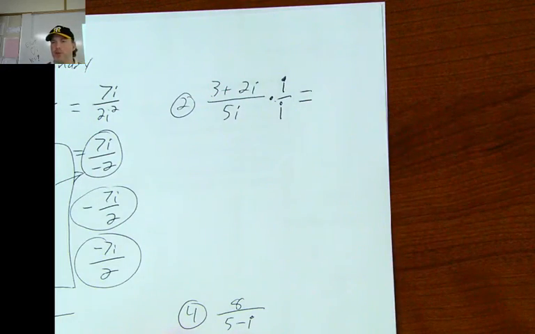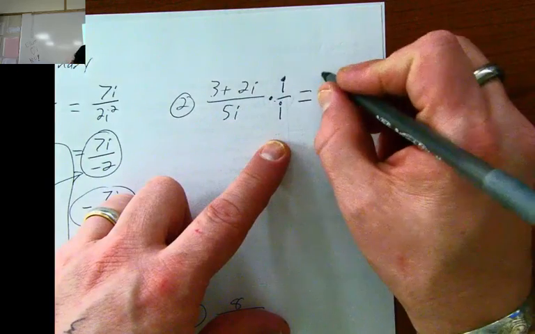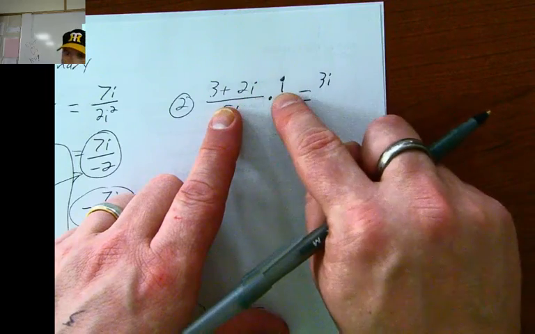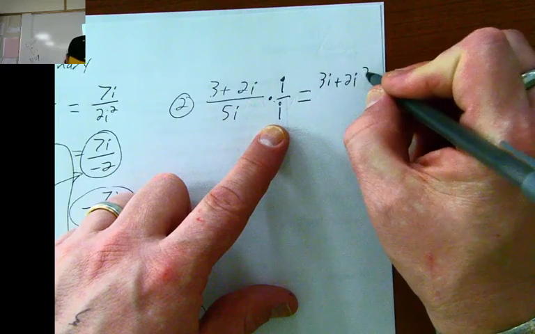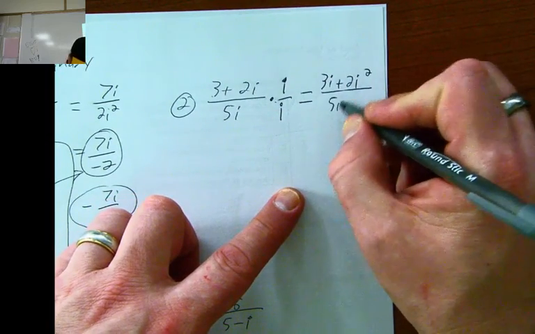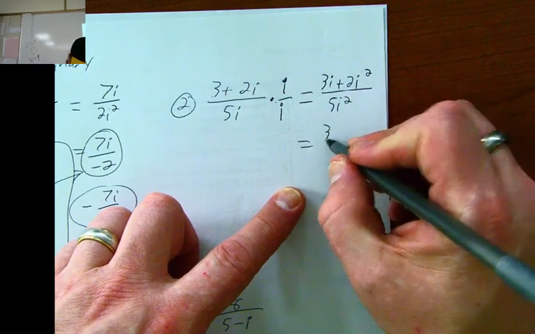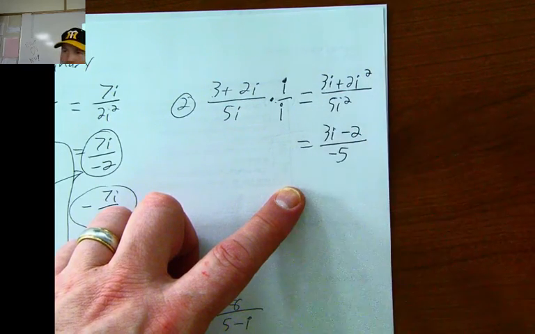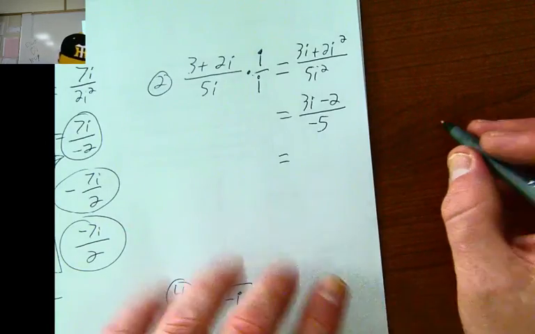Like I just said, if you want to multiply by 5i, you can. 3 times i is 3i. 2i times i is 2i squared, all over 5i squared. 2i squared becomes negative 2, so 3i minus 2. 5i squared becomes negative 5, and then needs to be in complex form.